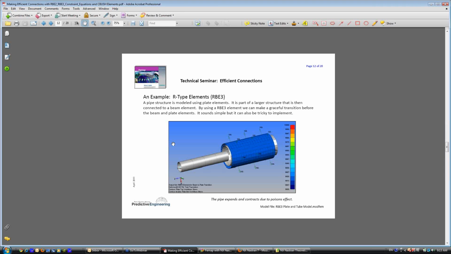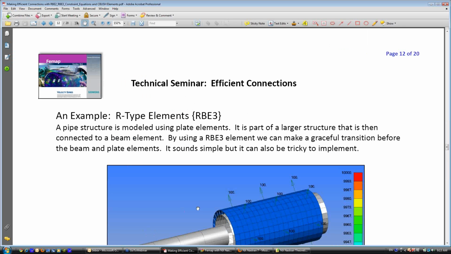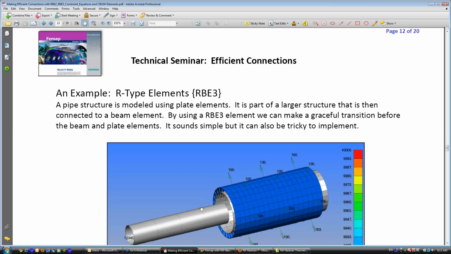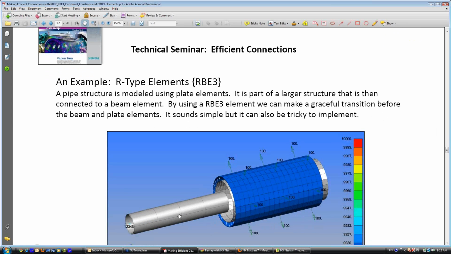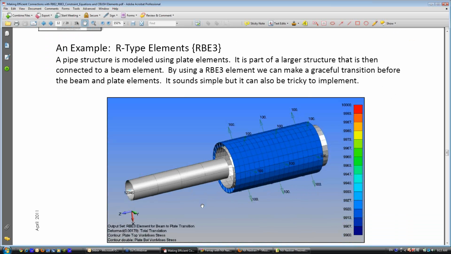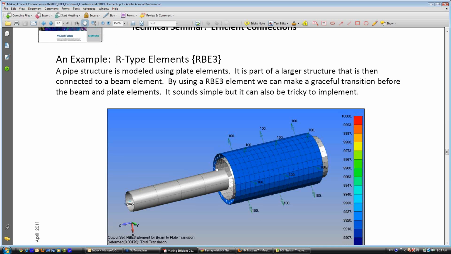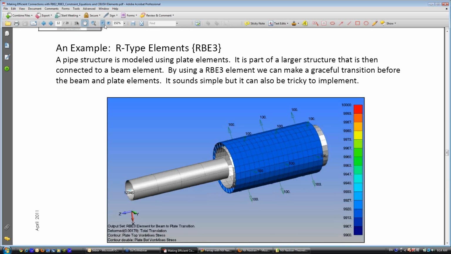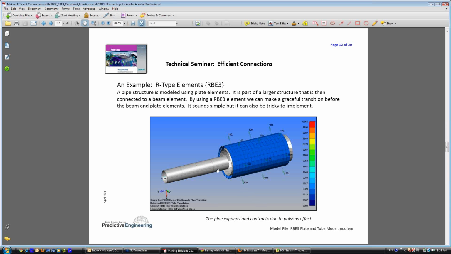This is an example where we have a tube with internal pressure on it, and we're connecting it up to a B model, and it works great. Here at the very center you have your dependent node, and here's all your other independent nodes. And your RBE3 makes that perfect connection between the two parts.